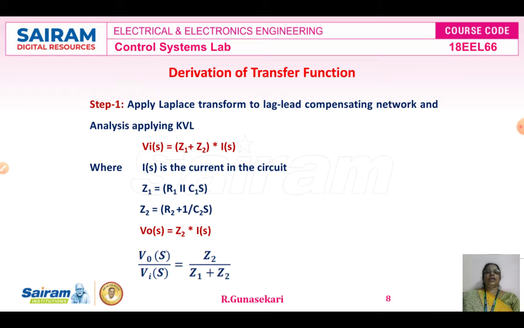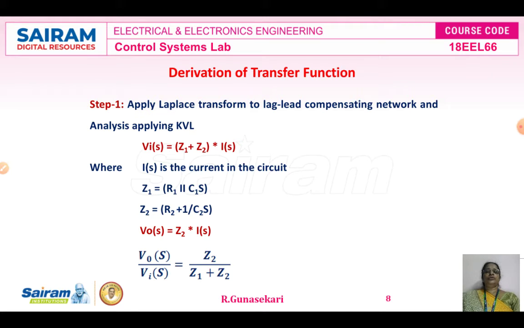Now, how to derive the transfer function? Step 1: apply Laplace transform to the lag lead compensating network and analyze by applying KVL. Vi(s) equals Z1 plus Z2 multiplied by I(s), where I(s) is the current in the circuit. Z1 is R1 parallel C1s, that means R1 and C1 are a parallel combination.